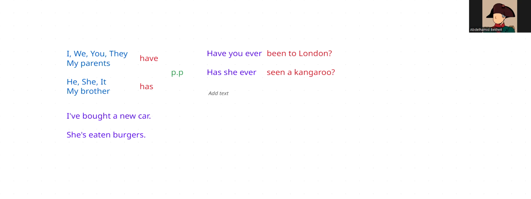So we use never in positive sentences, but we can't say I haven't never, or she hasn't never. No, I've never been, she has never seen or eaten or bought or something like that.